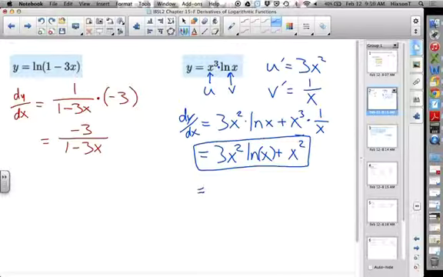If you really want to, if you see there's an x squared in common, you could make that 3 times the natural log of x plus 1 times the x squared. Is that helpful? Maybe in some cases, but this is certainly fine.